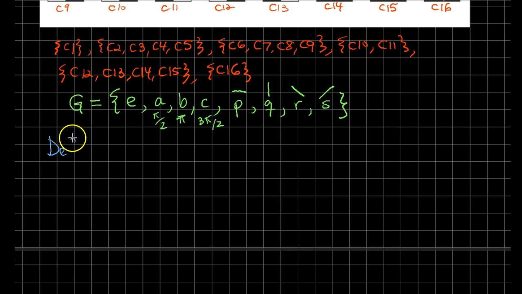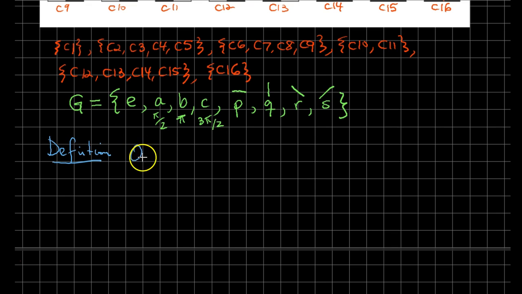This is a well-known definition for the orbit. We say that colorings that can be obtained from each other are said to be in the same orbit. So if we can obtain a coloring from another coloring using a group action on this set of colorings, we say that these 2 colorings are in the same orbit.